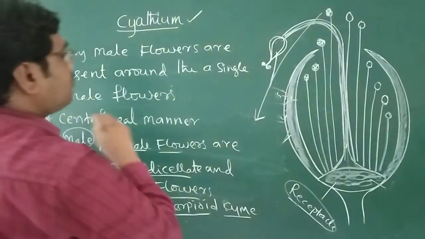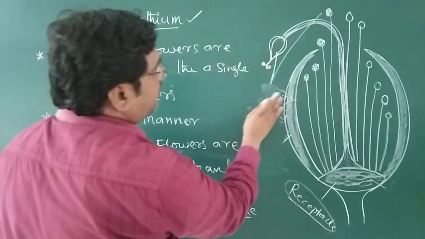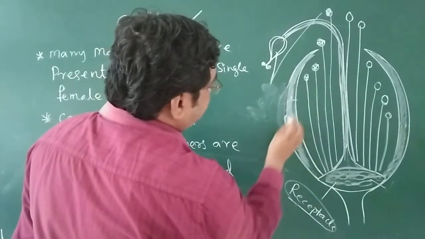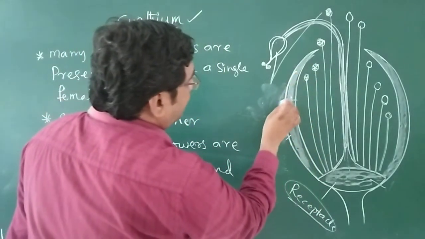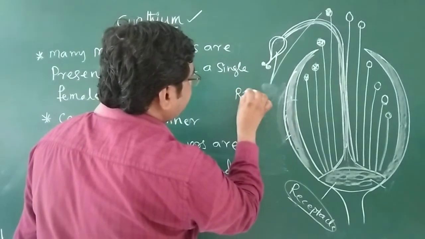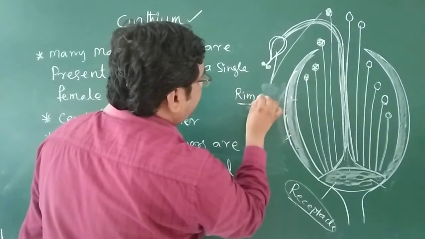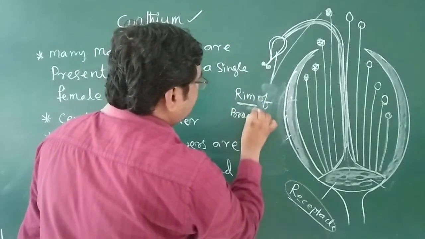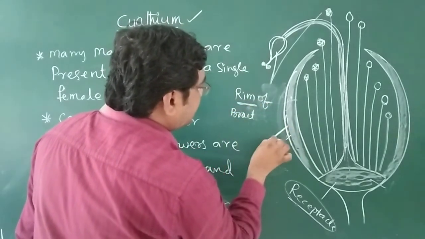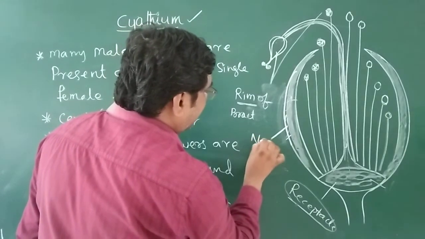Again, one of the most important characters of the Cyathium is the involucre bract. On the rim of the bract, nectar secreting glands are there.